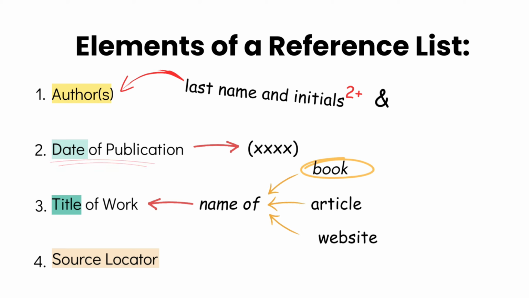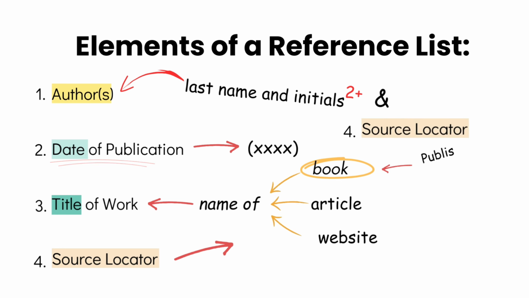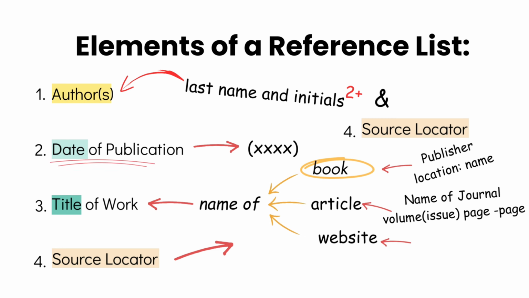This should be in italics if it's a book and in regular font if it is an article or a website. And lastly, for books, you finish with the location of the publisher and the name of the publisher, separating them with a colon. For articles, with the journal's name, followed by the volume and page numbers. And for the website, you give a full URL address.